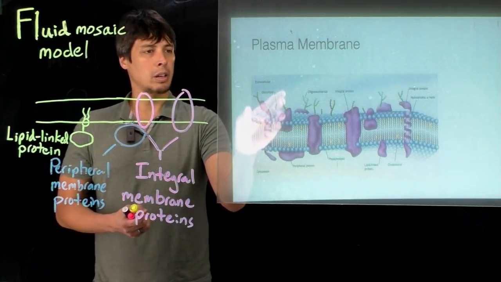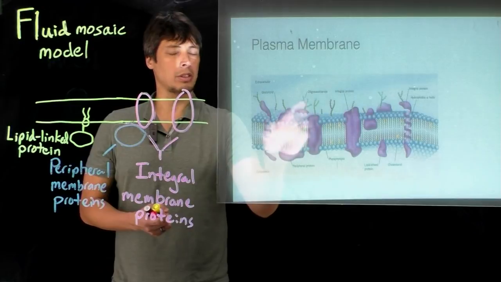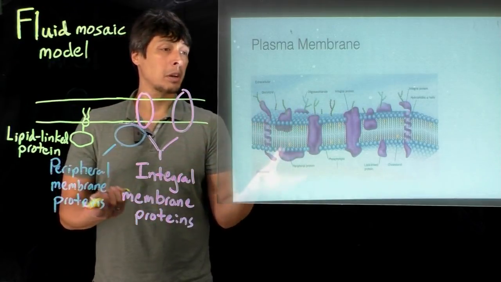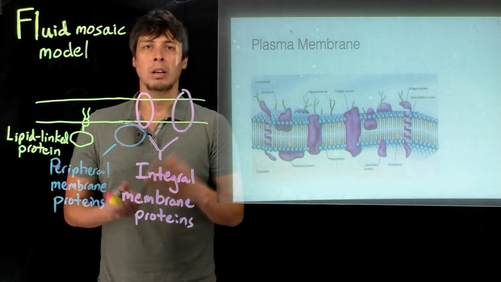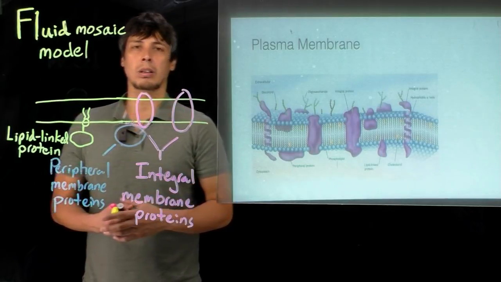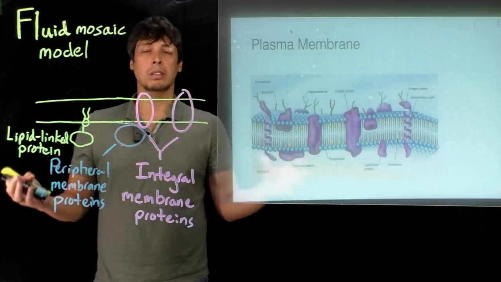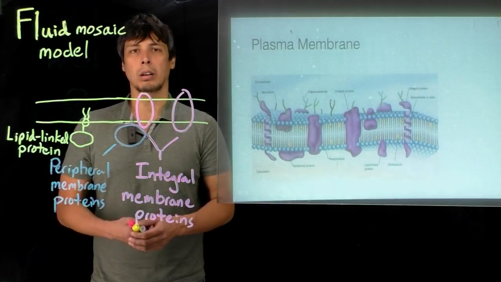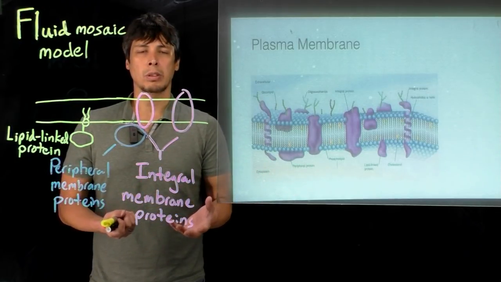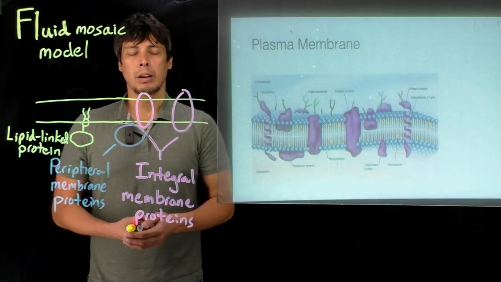The green chains of geometric shapes are meant to represent different oligosaccharides, so glycolipids and oligosaccharides, which are chains of sugars, like we learned in our recent work on the carbohydrate chapter.